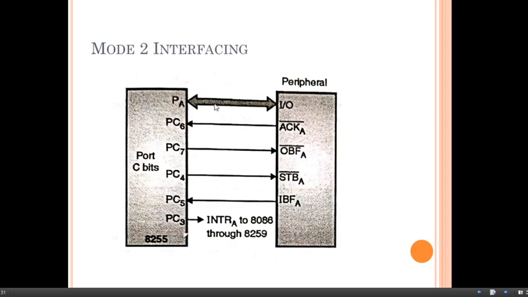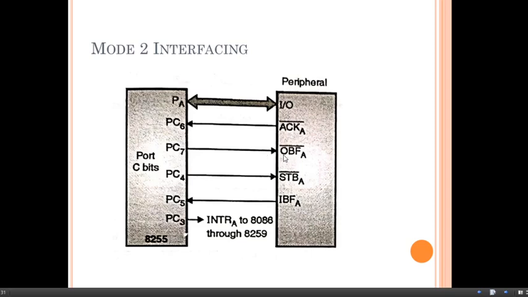We know here the OBF, output buffer full, is an active low output signal generated by this 8255. When the CPU writes the data to this output port, that means port A, this 8255 will enable the OBF signal to indicate to the peripheral device that the data is available in the output buffer.